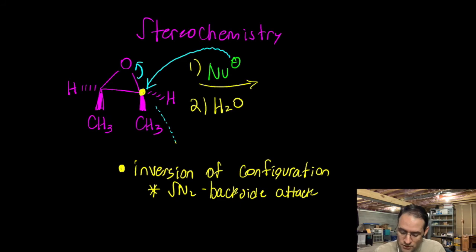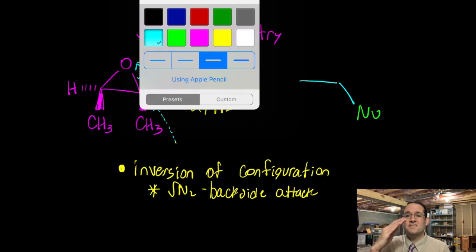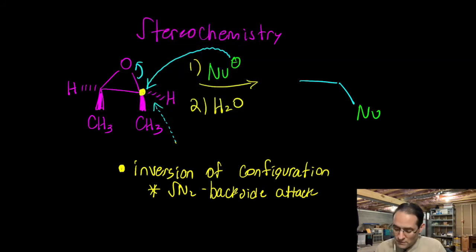So what we want to do is approach this leaving group from this direction. The final product is going to have your nucleophile down here on the bottom right side of the screen, because it's attacked from the opposite side as the oxygen that leaves, okay?